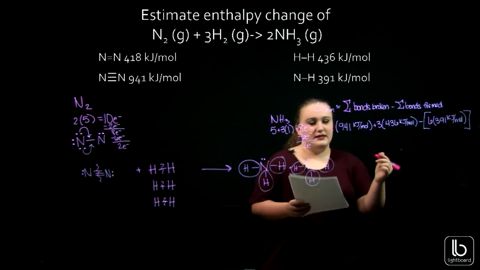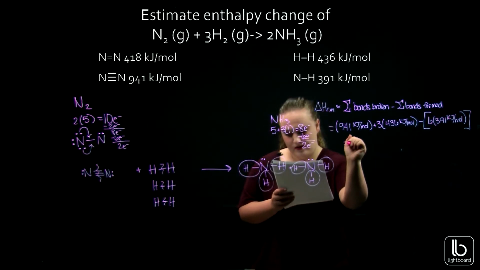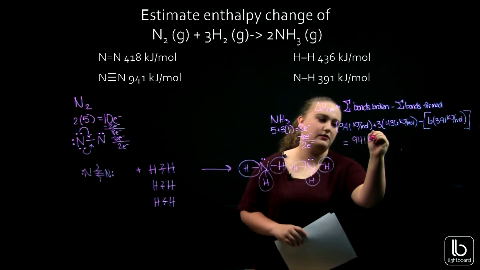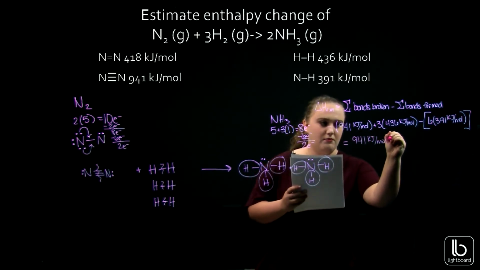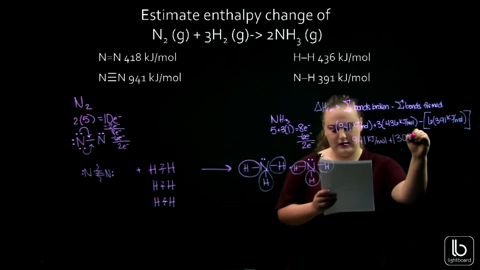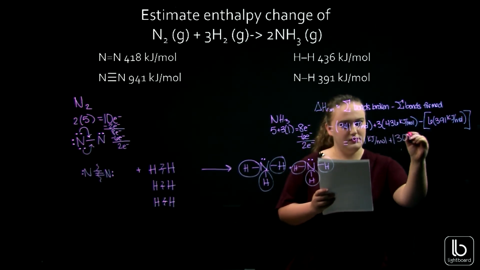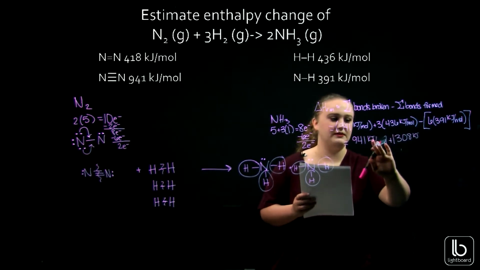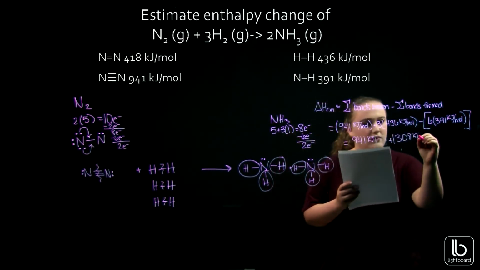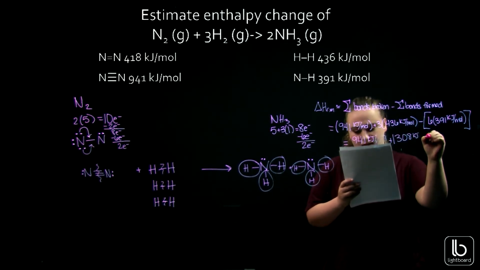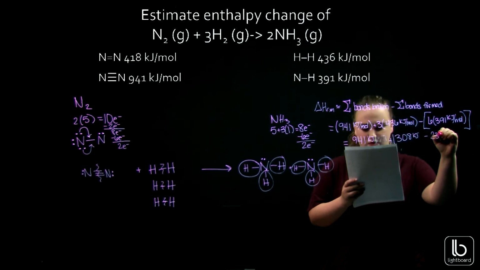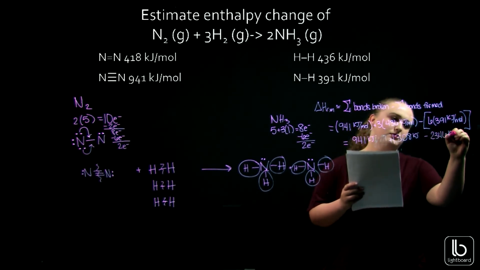So whenever I plug this into the calculator, I'm going to get 941 kilojoules per mole plus 1308 kilojoules. And at this point, we can take away our moles. We're just having minus 2,346 kilojoules.